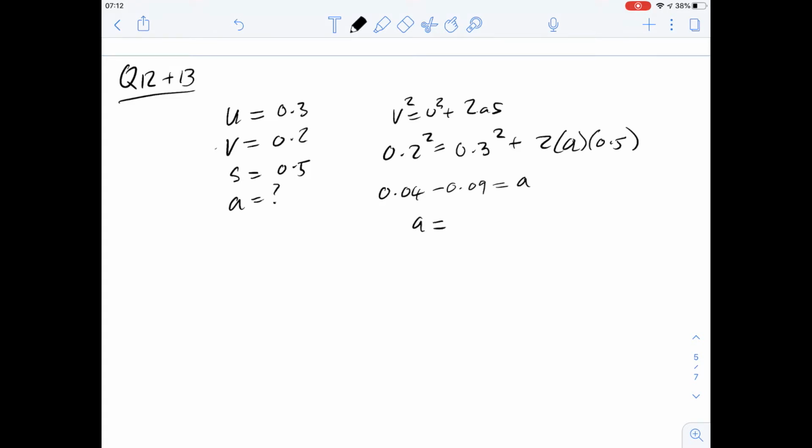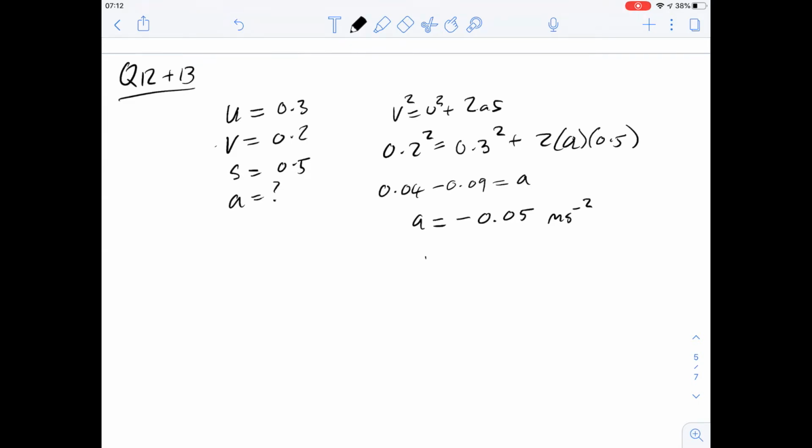The acceleration is going to be equal to minus 0.05 meters per second squared. If it's slowing at a rate of this, that means it's slowing at a rate of positive 0.05 meters per second squared. And in this case, that gives us an answer of B.